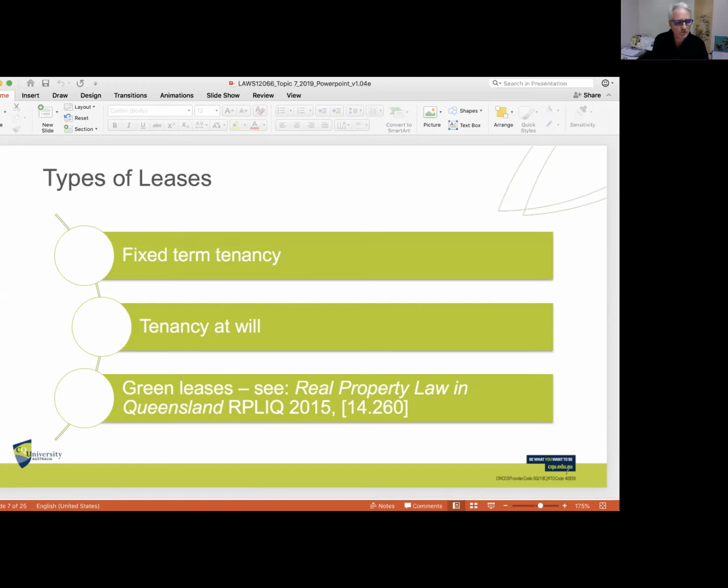And I also just referred to this idea of what's identified today as green leases in the Queensland situation, and you can have a look at how that's discussed in real property law in Queensland.